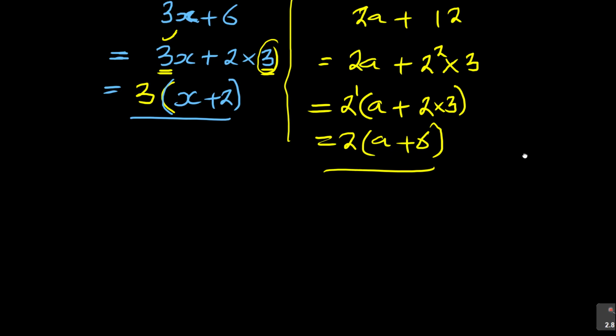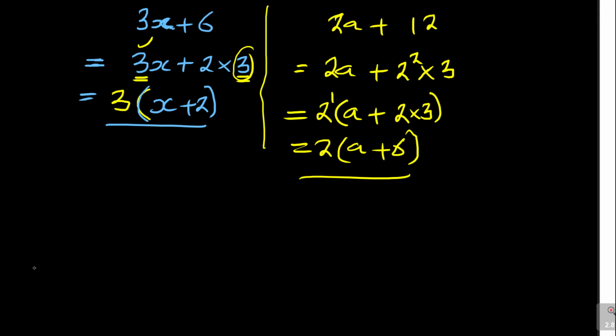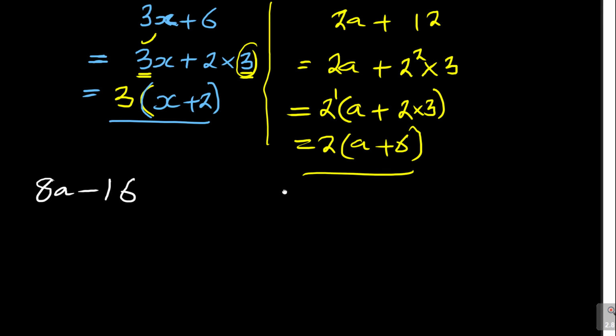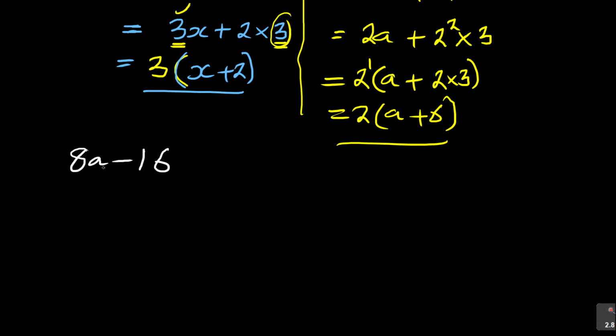8a minus 16. Same thing here. You can have 8a minus 16. I just want to make it as simple as is. I know you guys can simply say that 8 is common and then you get your answer. Like here, you say 8 is common, 8 will go, and then 8 into 16 is what? Is 2. So you'll simply have a minus 2.